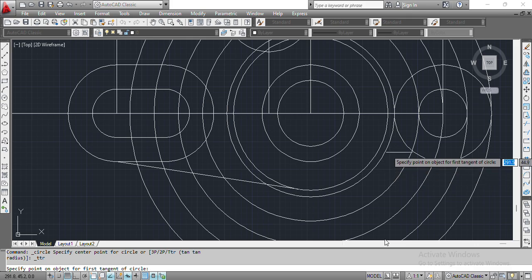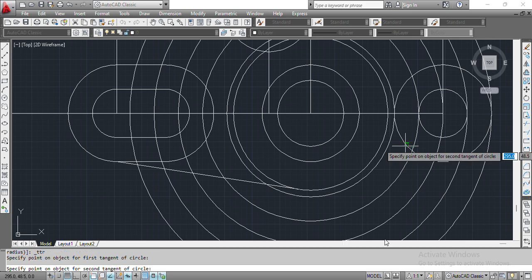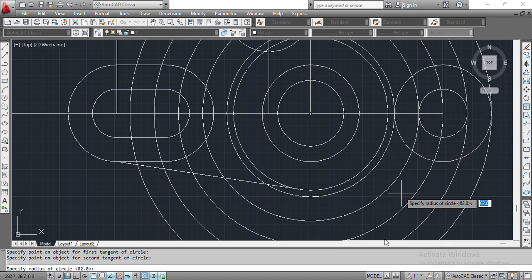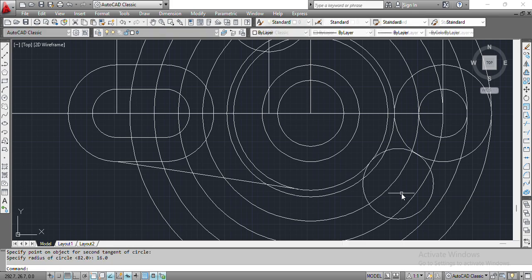To this one we are going to use tan radius, and we have it to the tangent of this circle, and again to the tangent of the circle that we want it to be in, and radius is 16.0, and we are going to have the circle there.